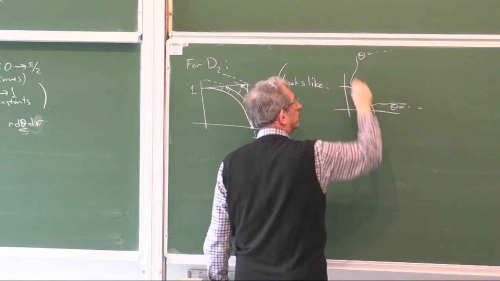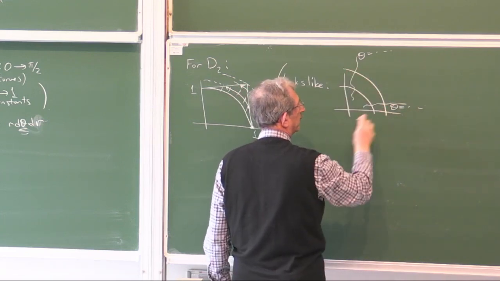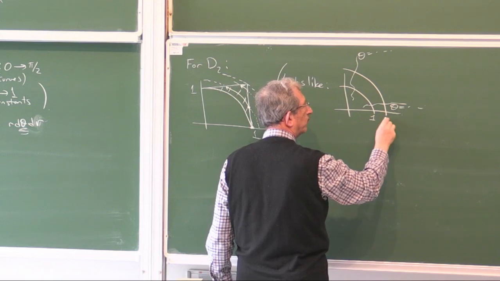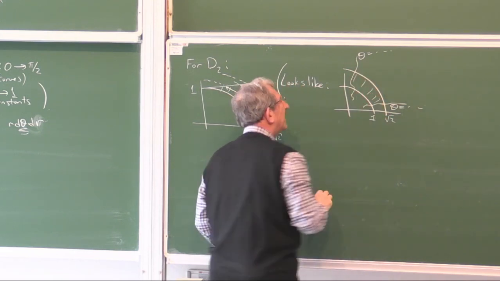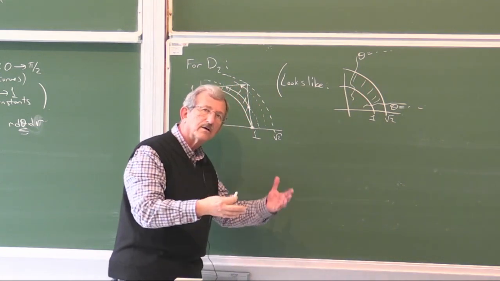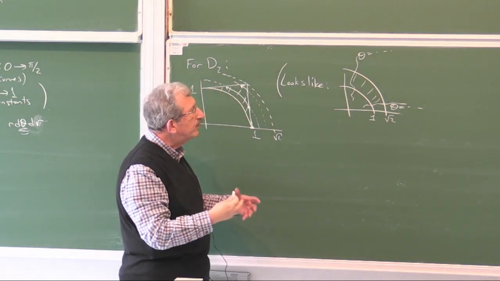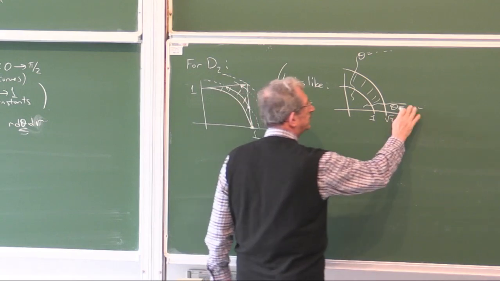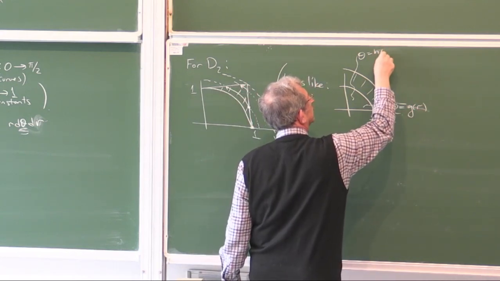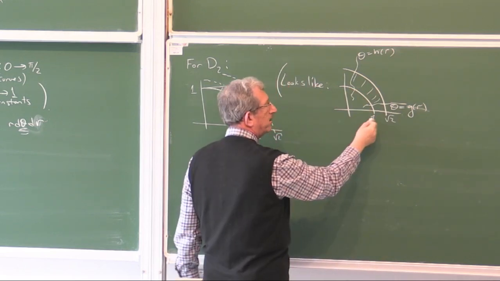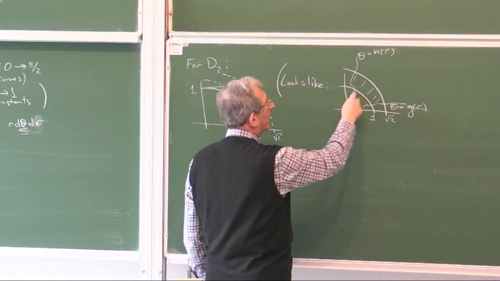And you have two circles. Circle r equal to 1, r equal to root 2. Now, this is a classical simple region with respect to theta first. Theta changes from, say, g of r up to, say, h of r. And r from 1 to root 2, they are constants.